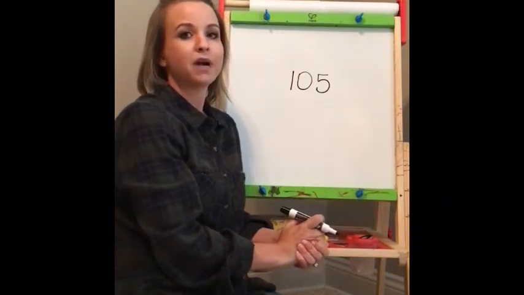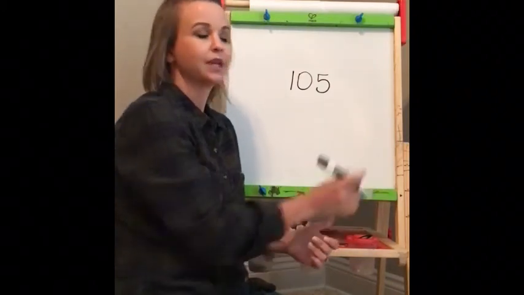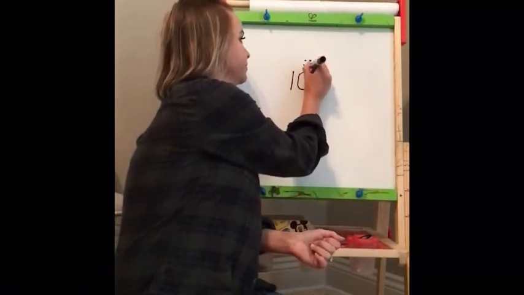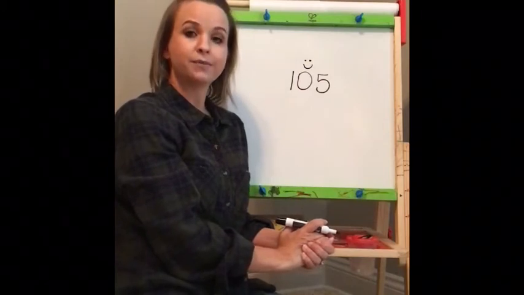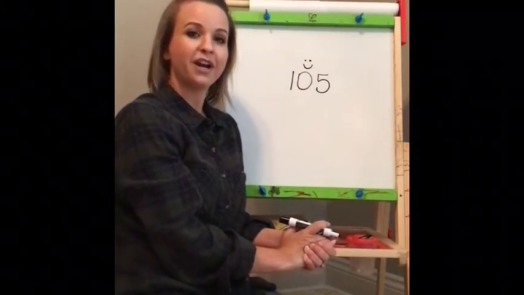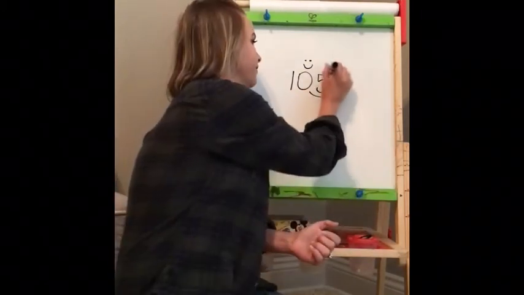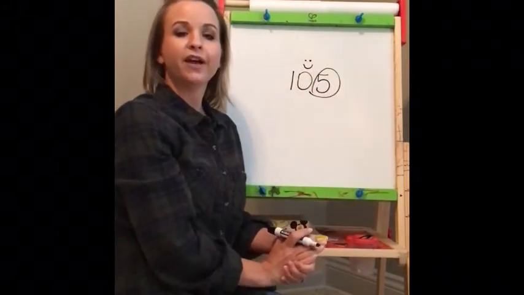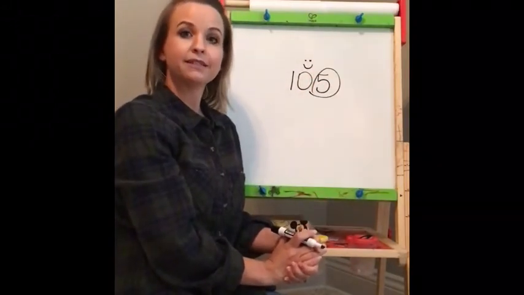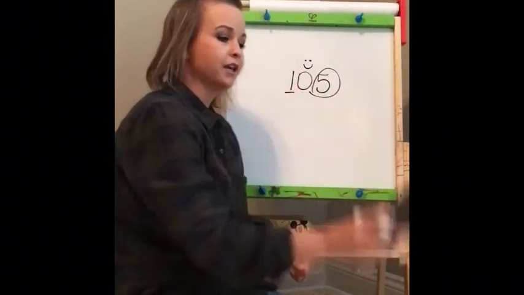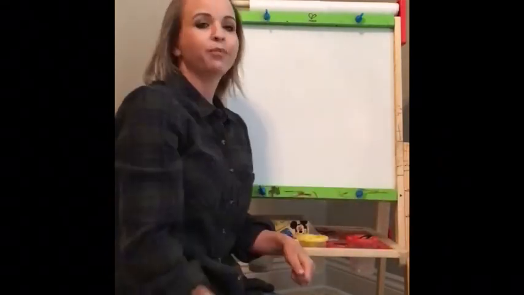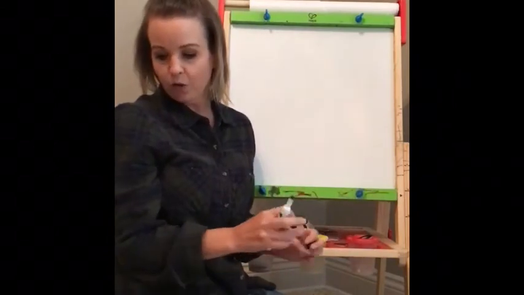What number did you put a smiley face over? The 0. Very good. Can you circle the number in the ones place? What number? 5. And can you underline the number in the hundreds place? Your 1. Good job. I don't think y'all will have any problems with any of our place value questions.